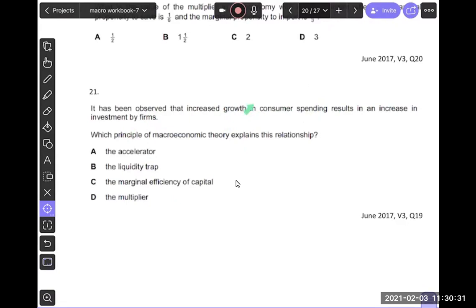Because more demand means more income means more investment. That's the accelerator theory. Makes sense? The multiplier says more investment leads to more income. The accelerator says more income leads to more investment. So that's the two things that we've distinguished, okay? More investment leads to more income means multiplier.